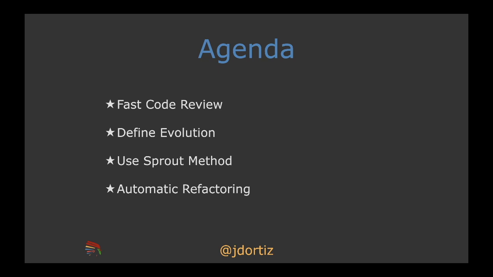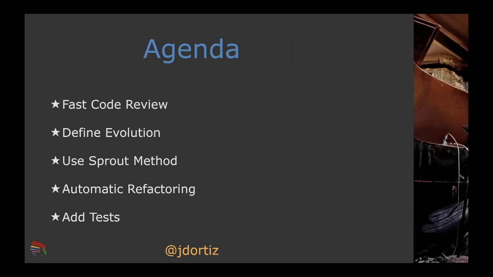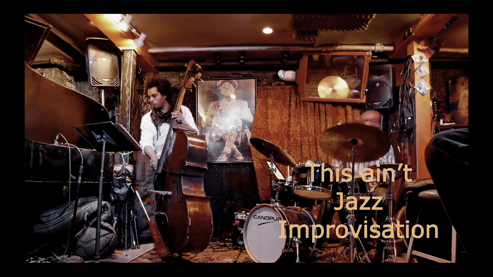The purpose of all of this is to add some tests, and this is what we are going to do in this first session. So let me remind you, this is not improvisation. I'm not going to pretend that I'm just watching the code for the first time and I'm doing this online for you.